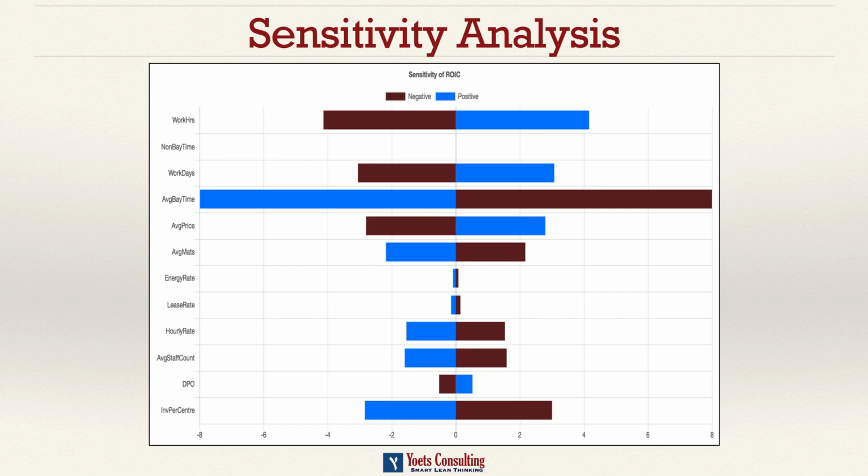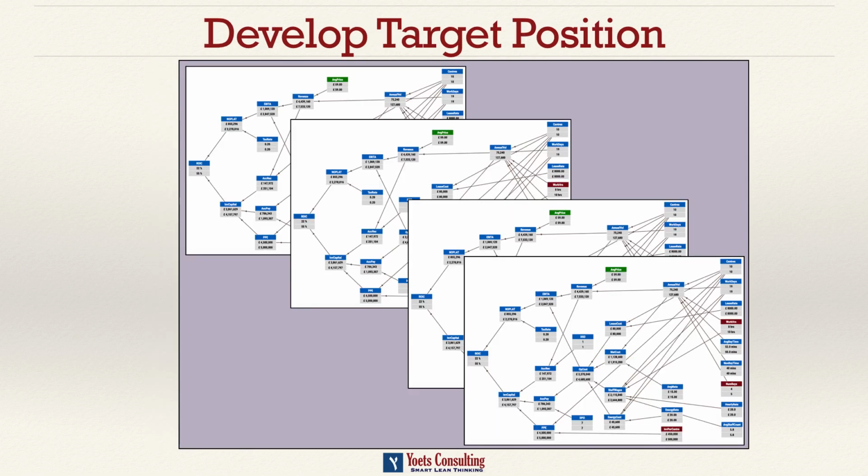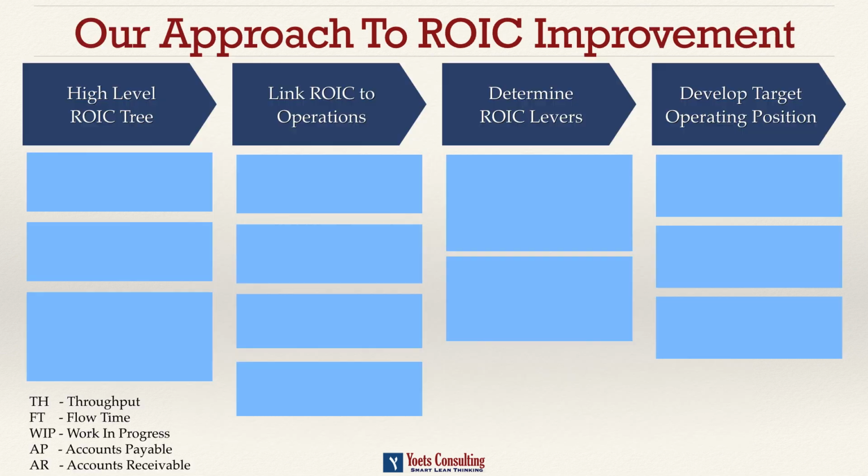Using this information, and of course interviews and a lot of ground reality as to whether or not some of these can be changed and what is the investment involved and the rest of it, we will then try to develop a target position. We'll come up with multiple scenarios, possibly. We'll analyze these, and with your agreement, finalize a target position to which you can plan to reach. So this is an end deliverable for this particular offering, but we have more to offer as well, as I will explain.